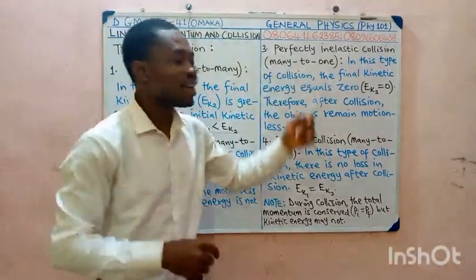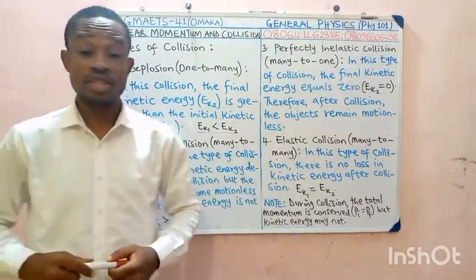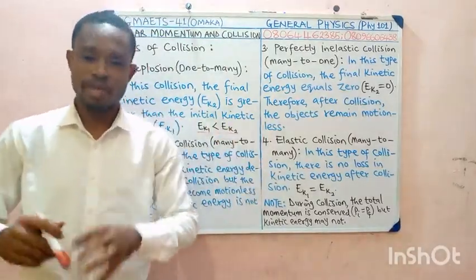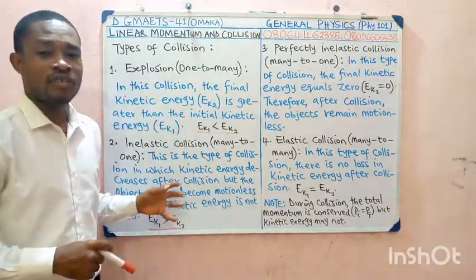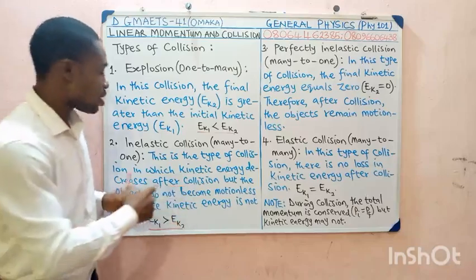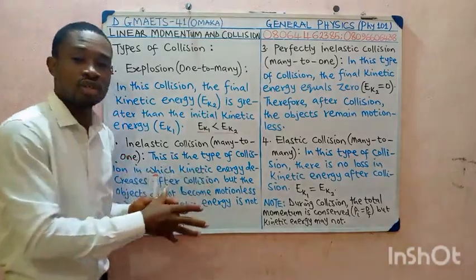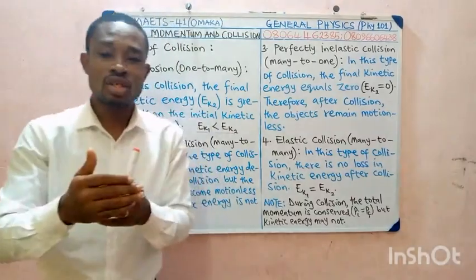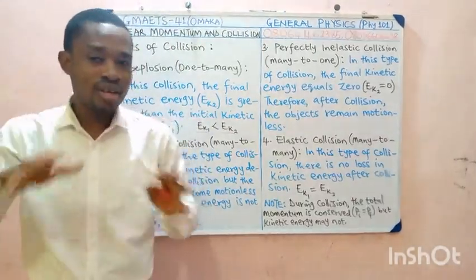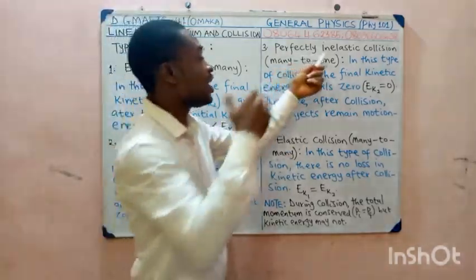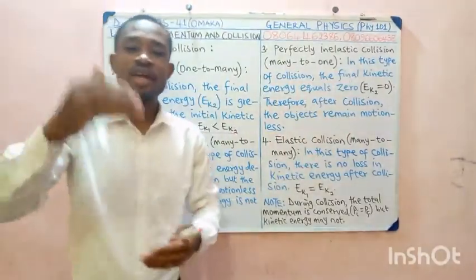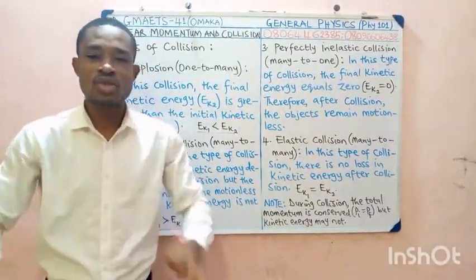Let's move on to perfectly inelastic collision. It's still a many-to-one type of collision, similar to this. The difference is that in the case of inelastic collision, the final kinetic energy is not zero. It will decrease, no argument, but it will not become zero. In the case of perfectly inelastic collision, the final kinetic energy decreases down to zero.